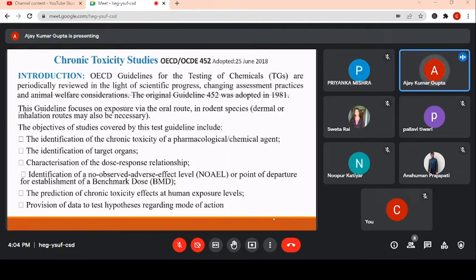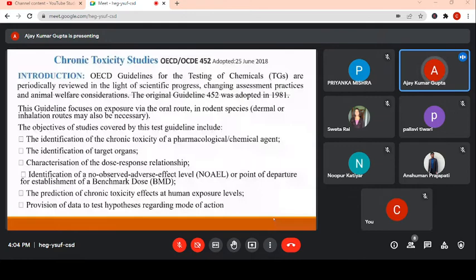So these are periodically reviewed in the light of scientific progress, changing assessment practices, and animal welfare consideration. This original guideline, OECD 452, was adopted in 1981. And today what you are seeing in the present scenario is on the basis of change in practices and animal welfare consideration, scientific progress, as follows.